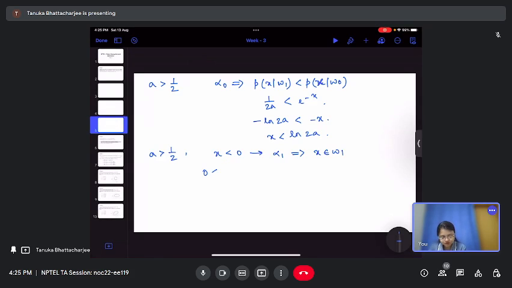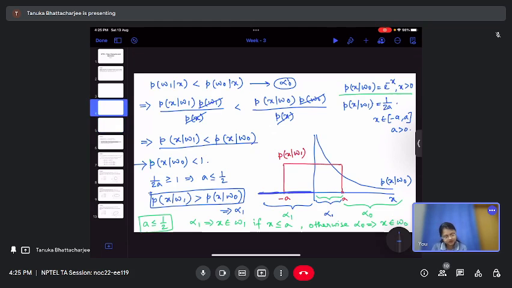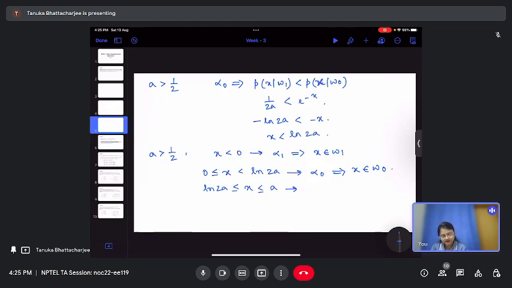Now for 0 to ln of 2a, you have the action alpha 0, that is x is an element of omega 0. Then from ln of 2a to a, you will have the other action, that is alpha 1.